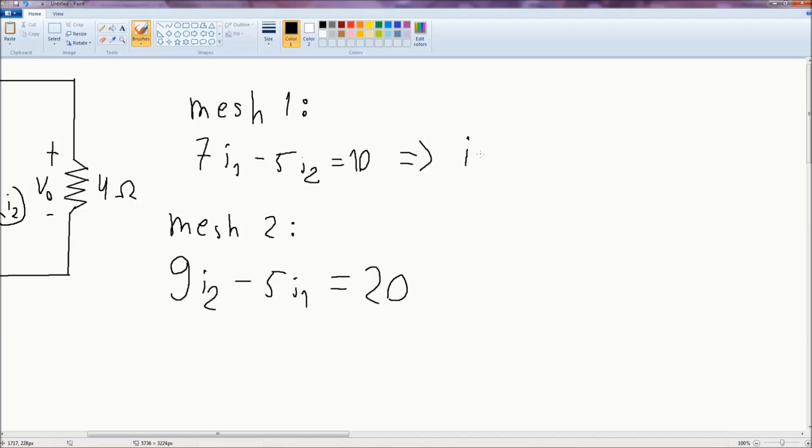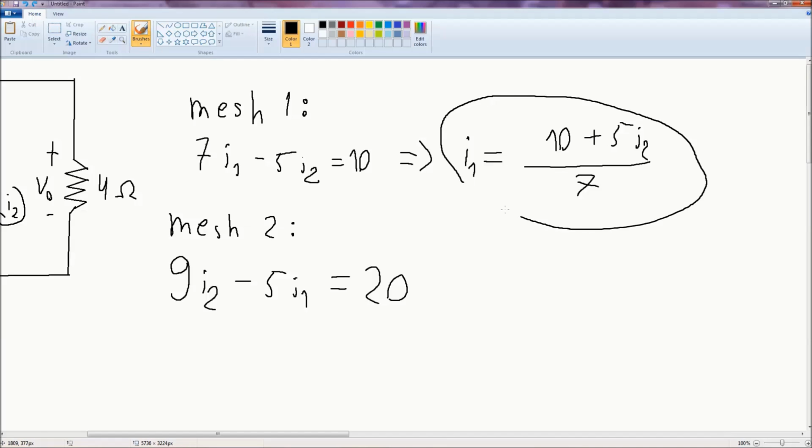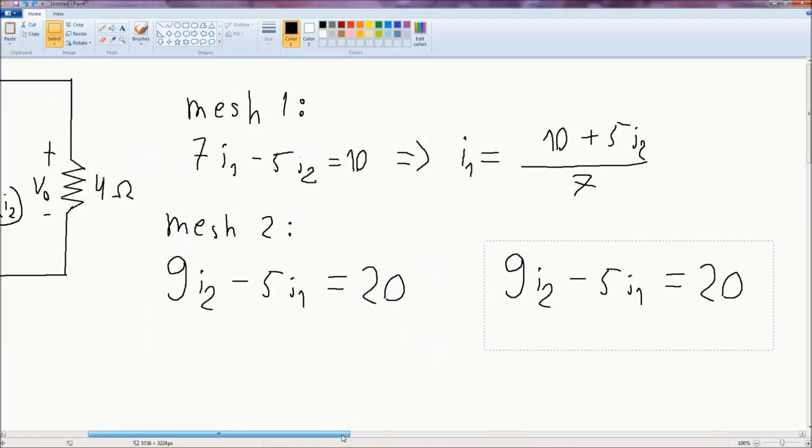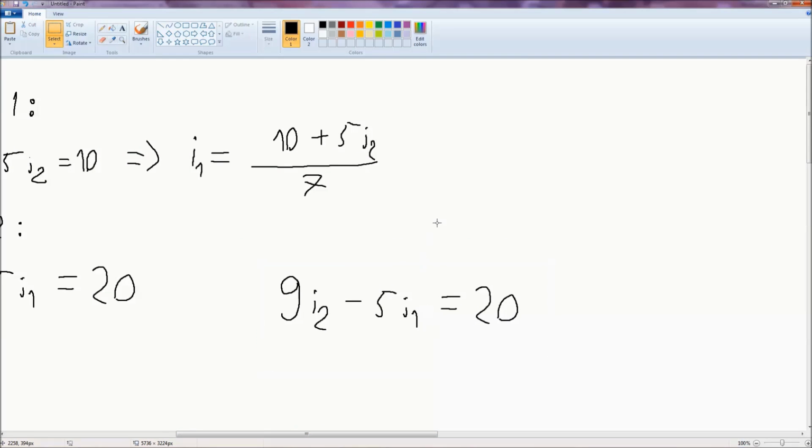For example, in this case, I will substitute, so we will get I1 from here is equal to 10 plus 5 I2, and this all divided by 7 because of this one. And we have this one down, and what we want to do is substitute it here. And let's do that here.